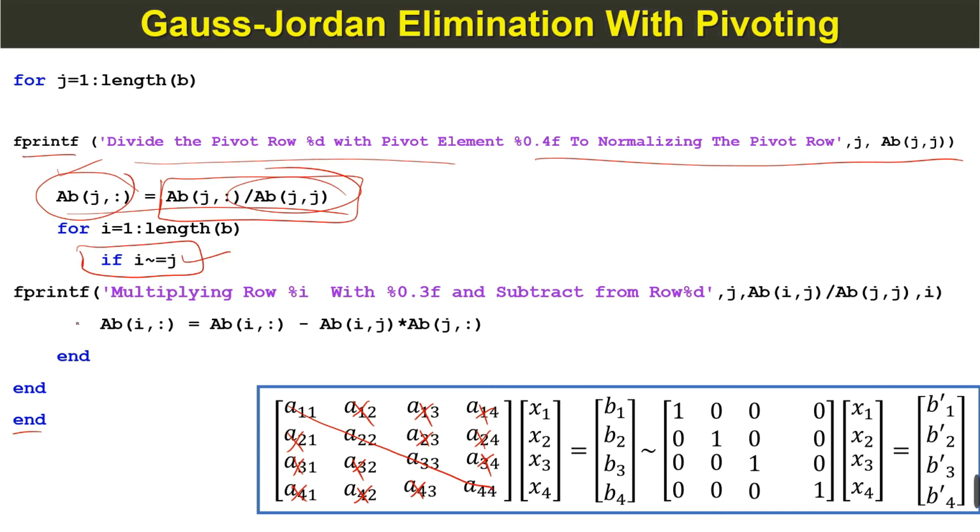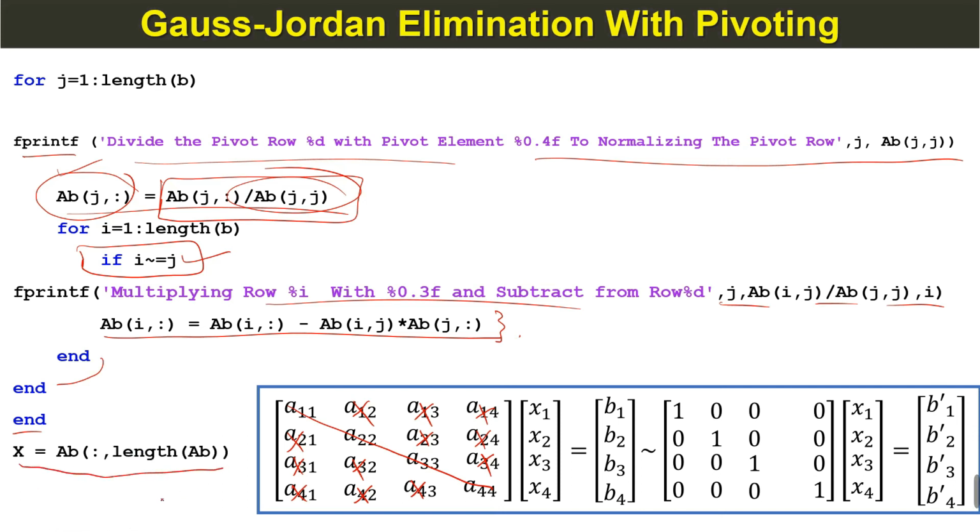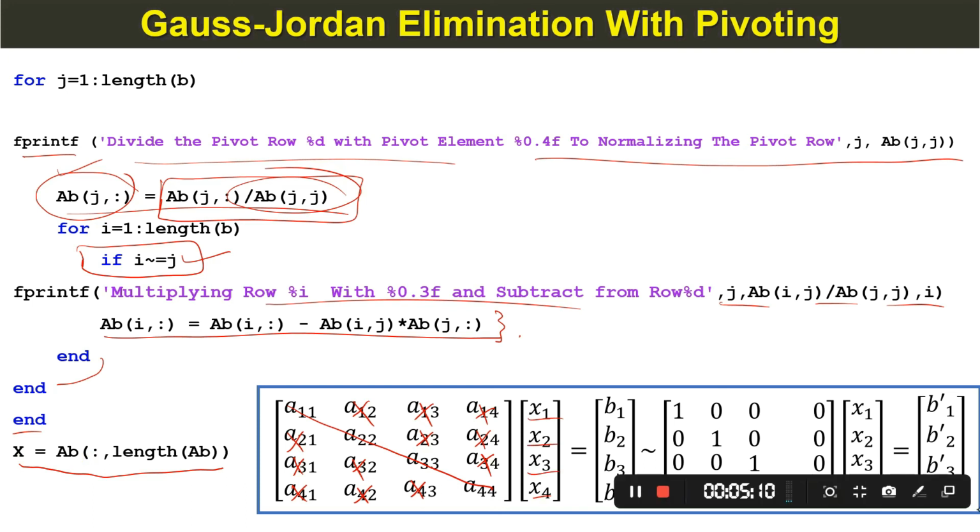Then we use this command to print the Gauss Jordan elimination procedure. Next we write a command to show the roots of the unknowns, that will be x1, x2 and x3.